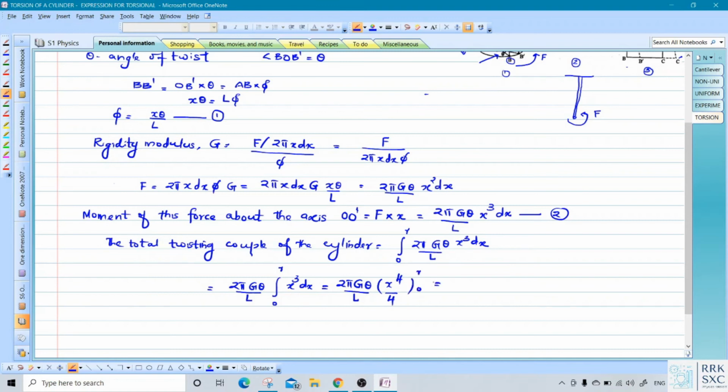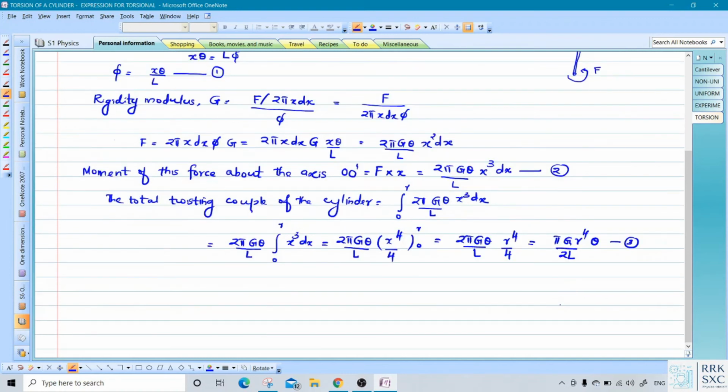So that is equal to 2 pi G theta by L into r raised to 4 by 4, or you can write it as pi G r raised to 4 by 2L into theta. Equation number 3. So pi G r raised to 4 by 2L into theta will give you the total twisting couple of the cylinder.